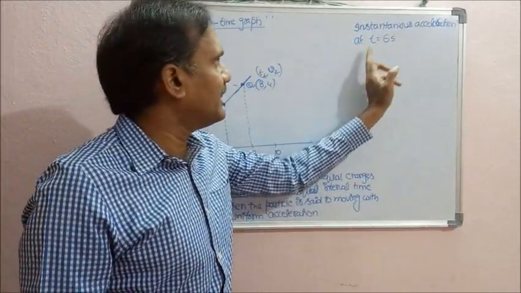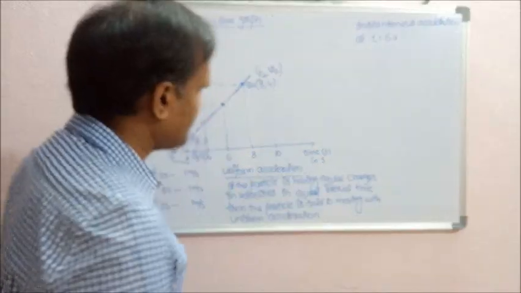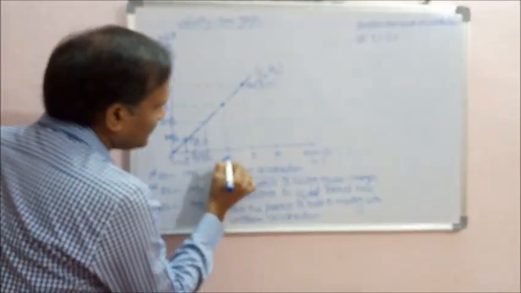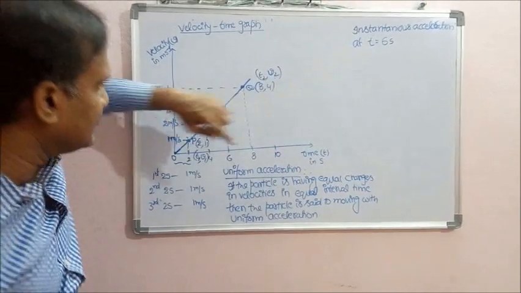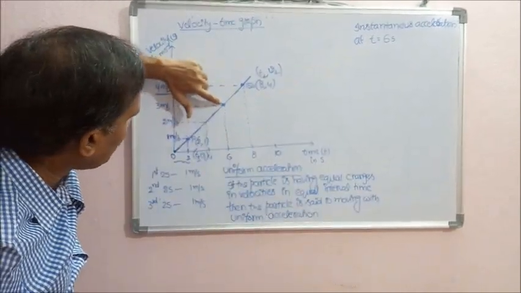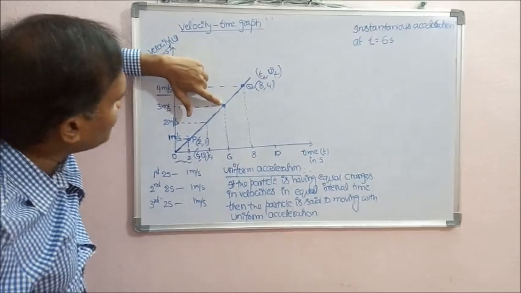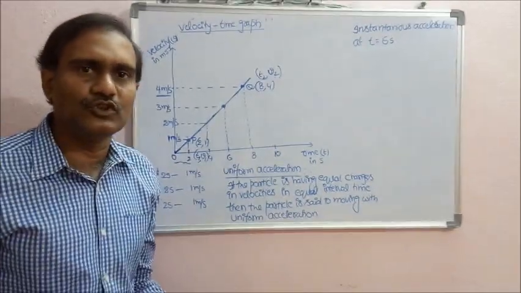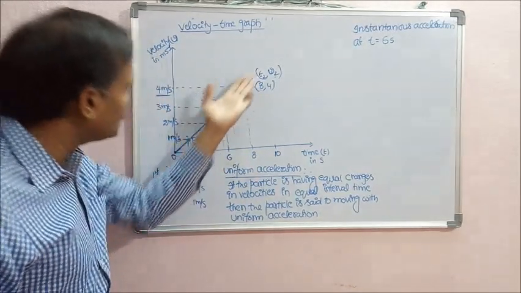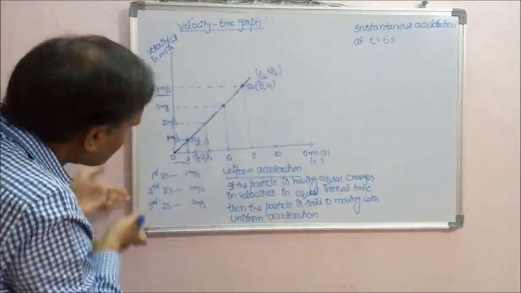We want to find out the instantaneous acceleration at t is equal to 6 seconds. Corresponding to the 6 seconds, you can put a point here. With respect to this point, you can draw the tangent. Okay, there is no meaning of drawing the tangent to this line. Again, it becomes a straight line.